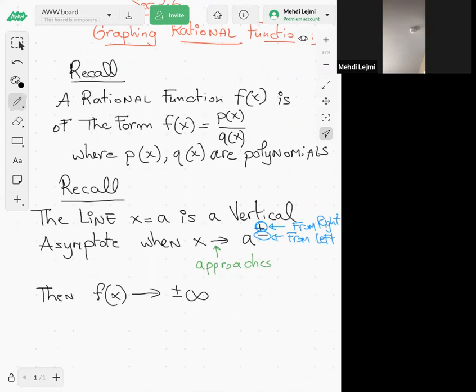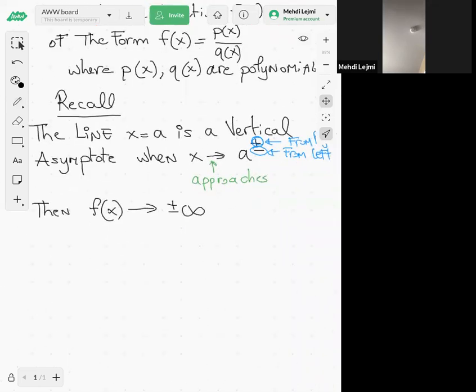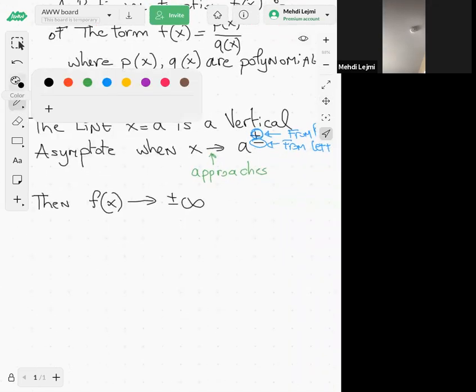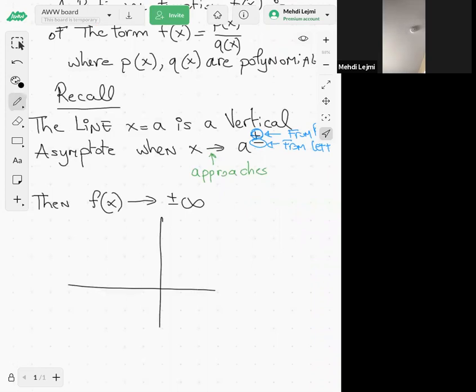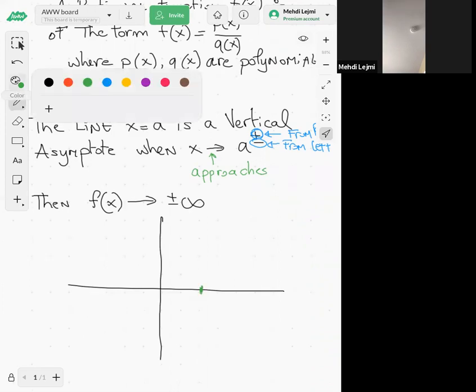If you prefer, we have the following picture. This is the x-axis, this is the y-axis.